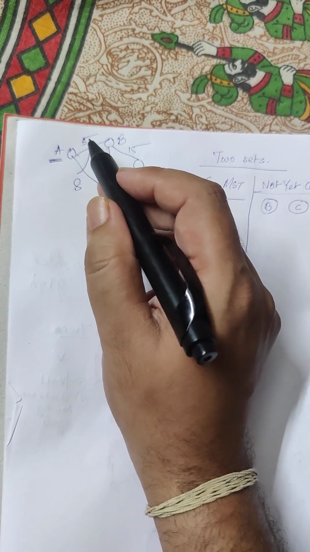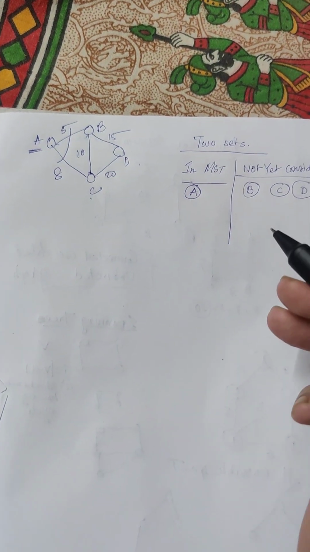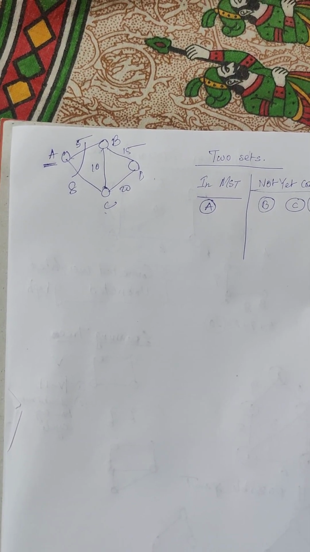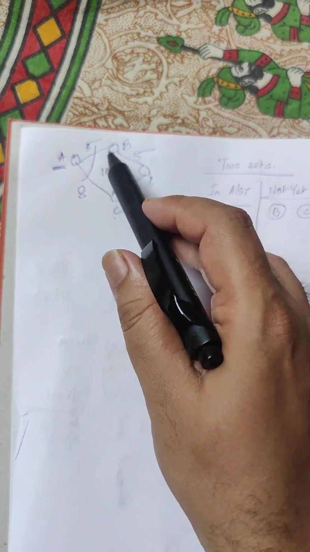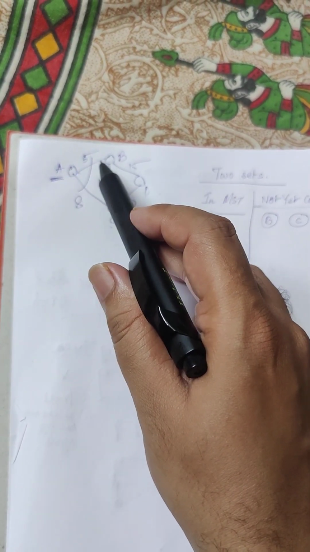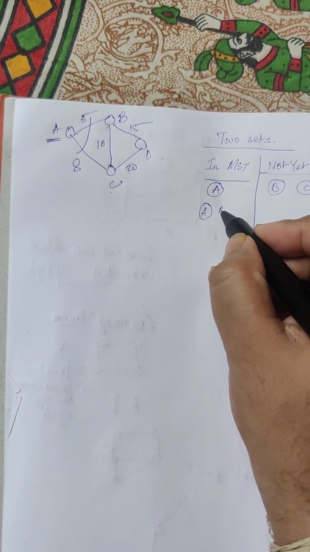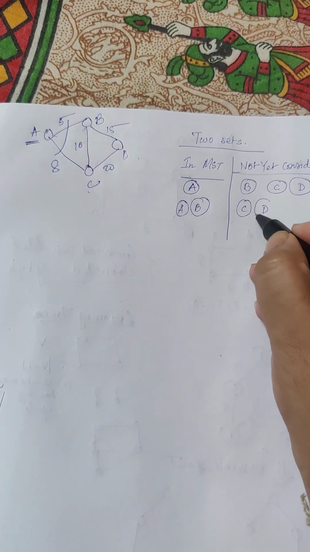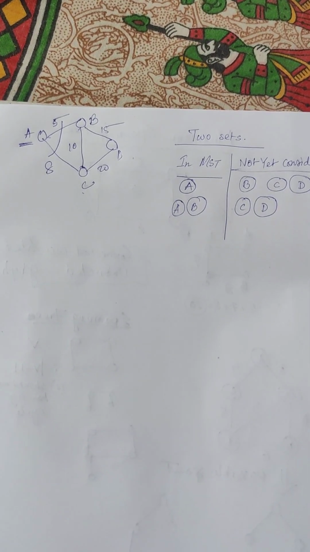Which is the minimum out of these two? 5 is the minimum. So we need to consider the node which brings the minimum weight of that edge. That is B. So in the next iteration we will consider A and B. Who is left? C and D. So we have considered AB.